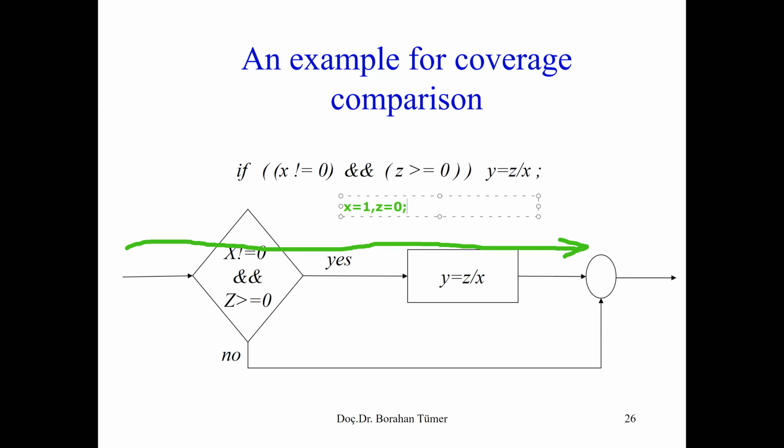That was what we wrote. Using this test case, I have a yes from this decision structure because both of these predicates are true. So I go through here, and with these values, I also test this statement, okay? And this way, using a single test case, I have tested both this statement and this statement. Do you understand that? Nur, do you understand that?